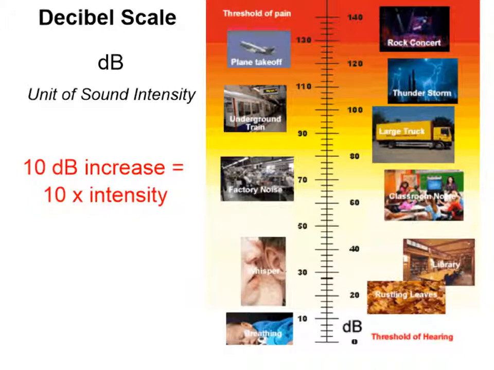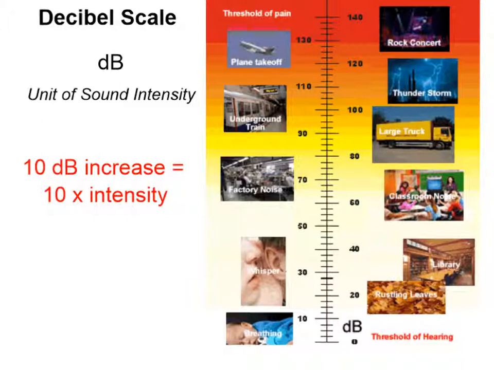You might be surprised to know that the very loudest sounds that your ears can hear are about 10 billion times more intense than the very softest sounds you can hear. Your ears handle a wide range of intensity, and so the decibel scale has been crafted in a way that can handle that.